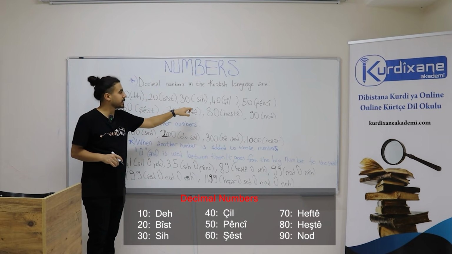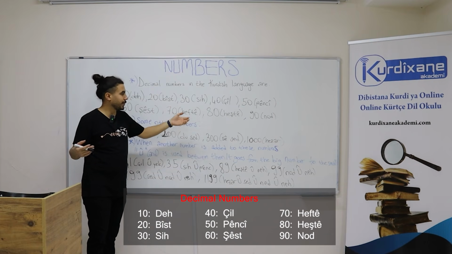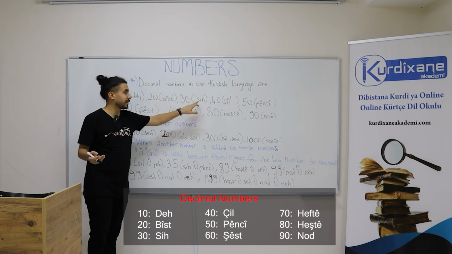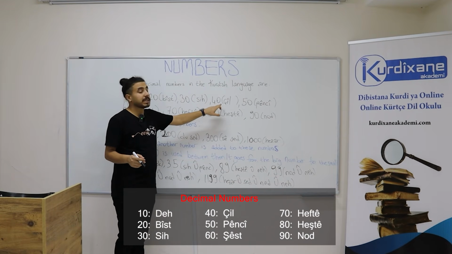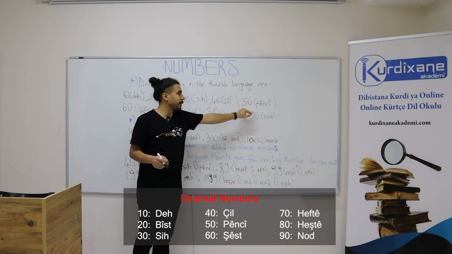In some regions they say si, like in the place where I was born, we don't say s, we say si, but in the standard language it is s. 40 is chill, chill. 50 is penji, penji.